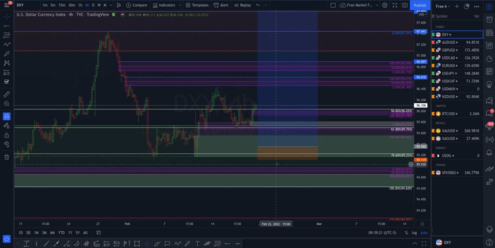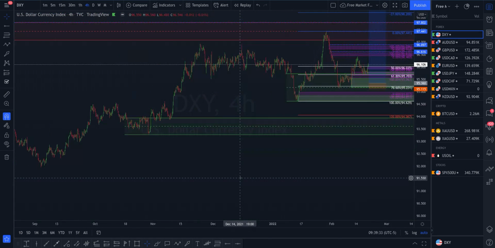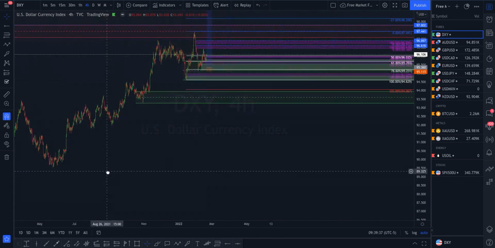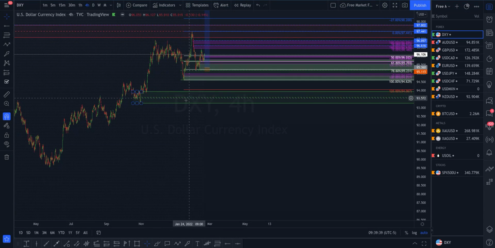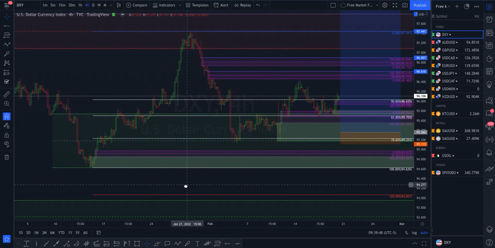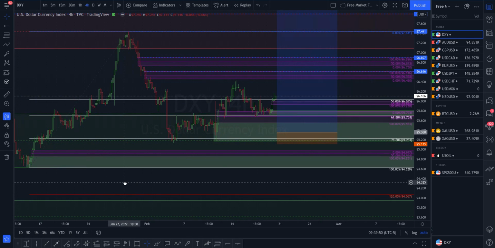But this is just a general idea, guys. So the bias is long on Dixie. The institutional bias is long on Dixie. 4-hour market structure gives us insight that this market is going up. And we have our reasons as to why we would want to jump in and follow this market up.